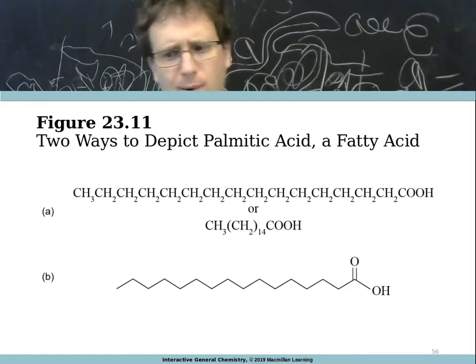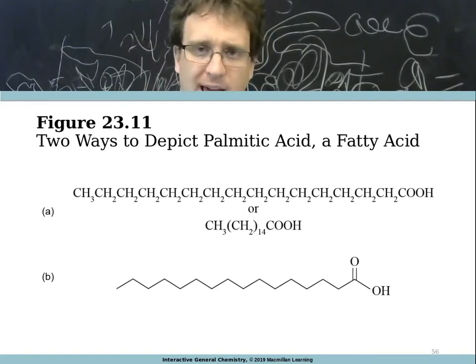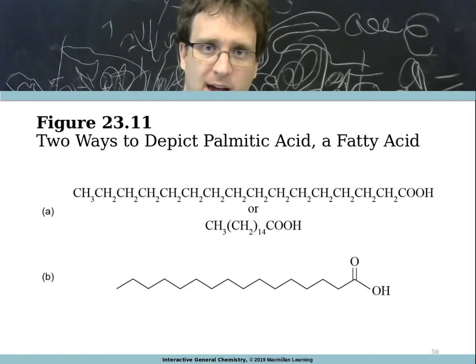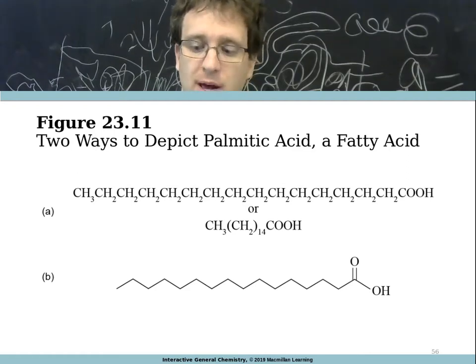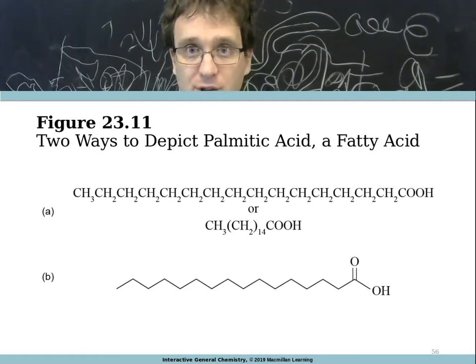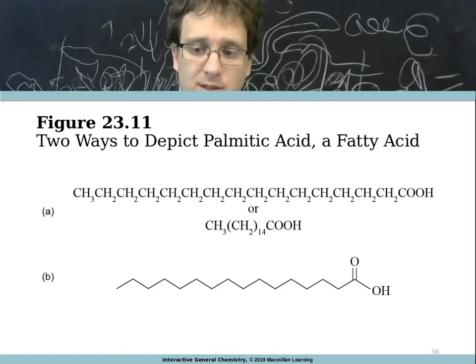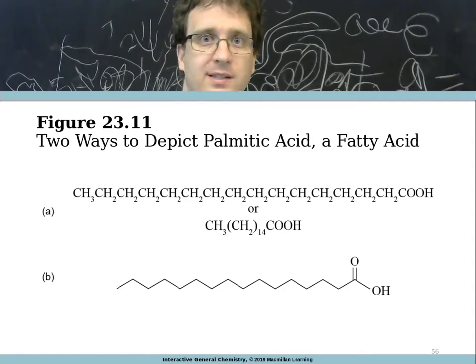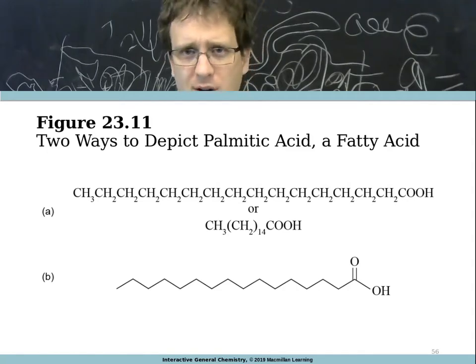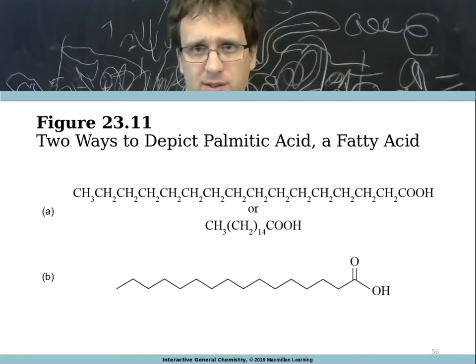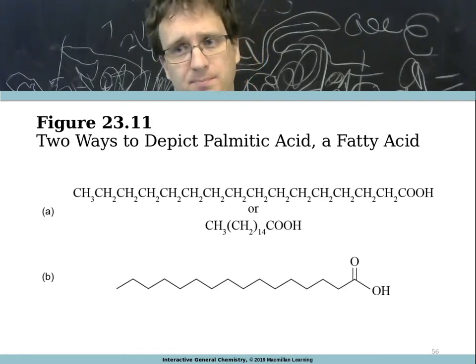So what makes it a fatty acid? Well, it's an acid because on one end it has that carboxylic acid group. That hydrogen on the end there, the OH, it really is acidic. If you were to take palmitic acid and stick it in water, well, it probably wouldn't dissolve very well, but to whatever extent it might dissolve, it will also change the pH a little bit.